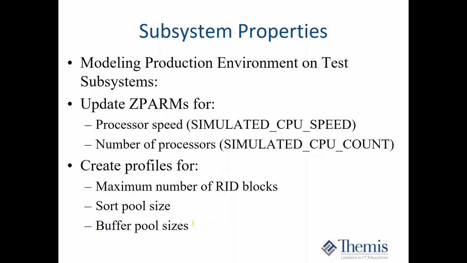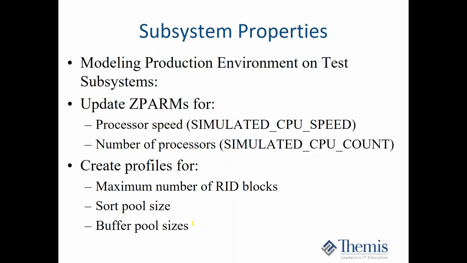Then, once you've done that, you're going to set up profiles, a global profile. That was my profile 99. Everybody is going to abide by that. And make my test subsystem think that I have the same amount of storage for my RID blocks as production does.